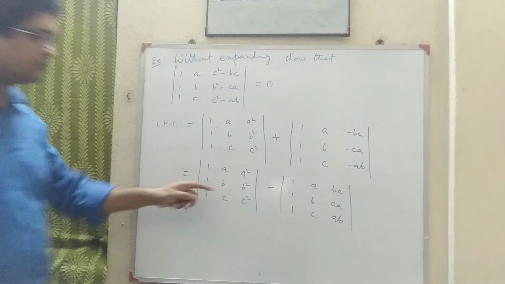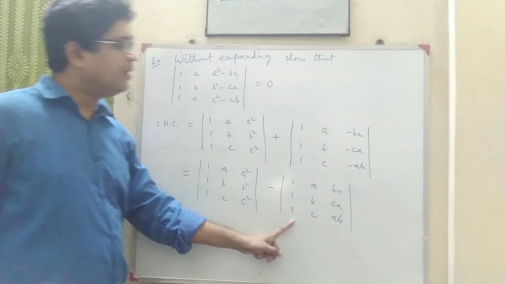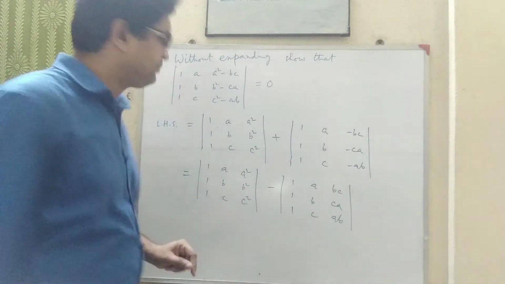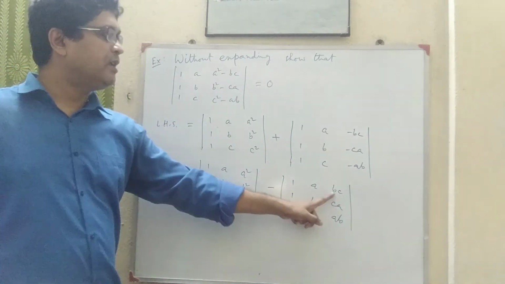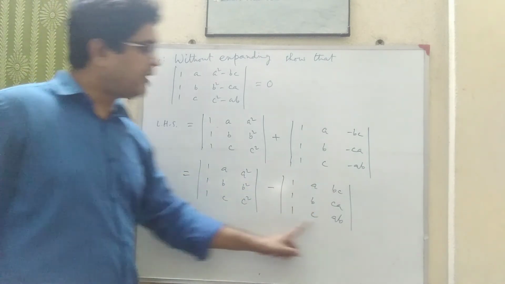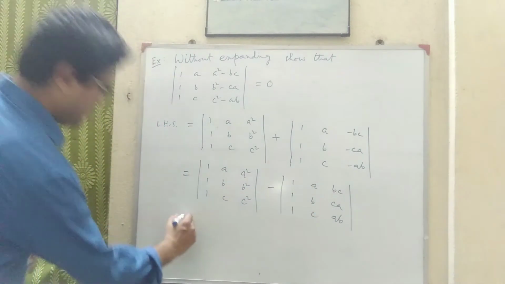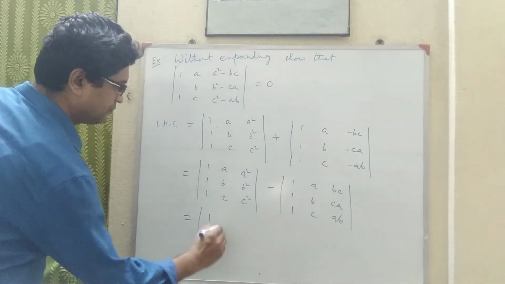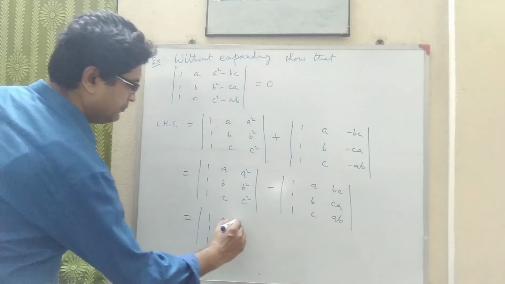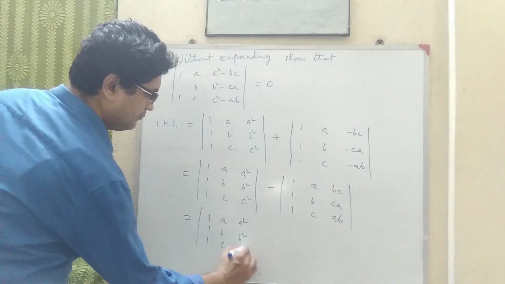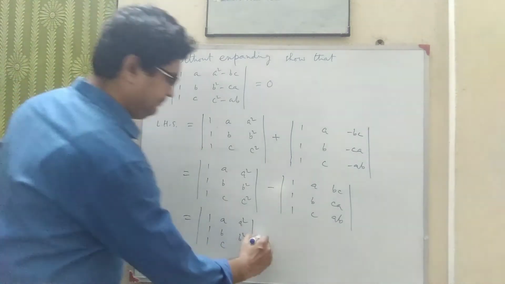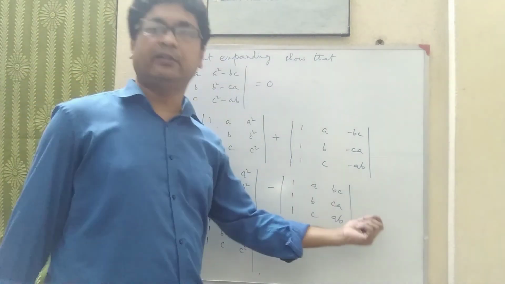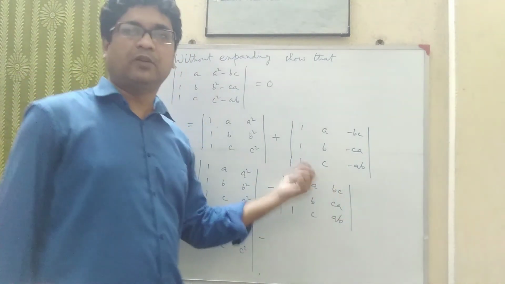Now in this determinant we can multiply the first row by a, the second row by b, and the third row by c. But as I said, when we multiply a row by some constant, we also have to divide.